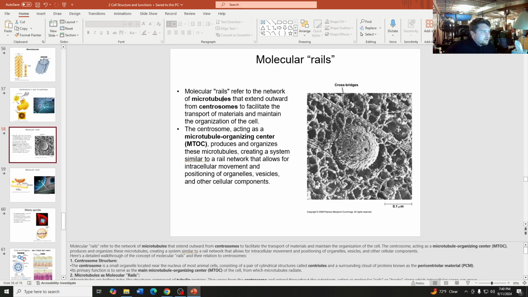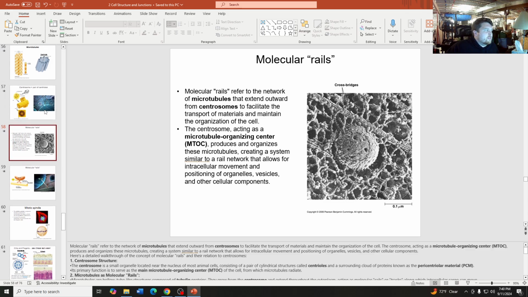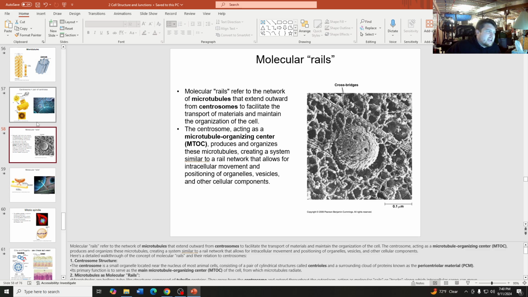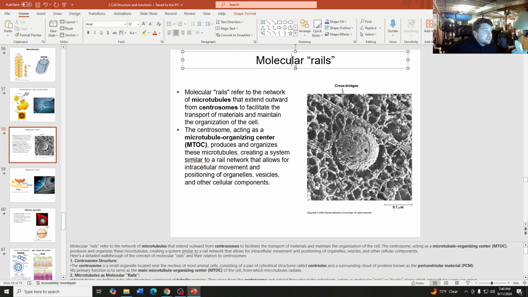It's a network of microtubules, so they extend these microtubules from the centrosomes, and they link onto components of the cell itself, as well as some of the different organelles, as well as the chromosomes when they're forming, when the cell starts to split. It helps to pull and move everything into the proper position as the cell splits. And again, we'll see more of that when that happens in the next lecture.